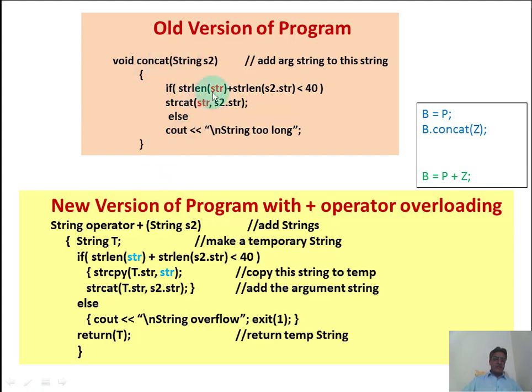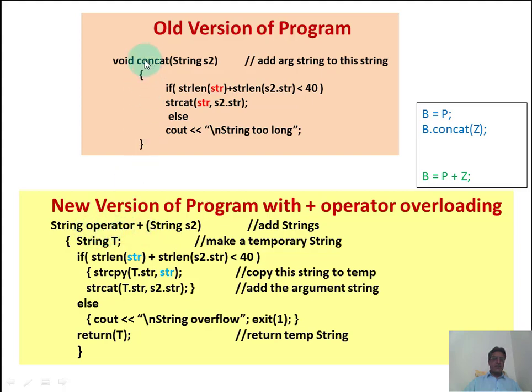This is the concatenate function, the old version of our program in lecture number 8. In this new lecture, in the main program we are using b is equal to p plus z. That is, the p object contains the value of Pakistan and it is calling the plus function. This is the plus function because this is the operator, so we use the keyword operator.